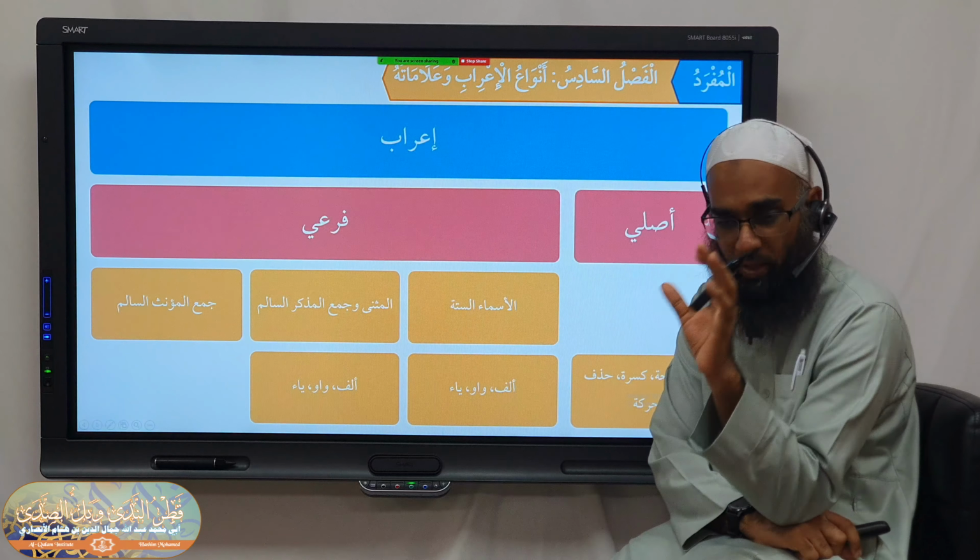For example, the word Arafat. Are we talking about many Arafah, or is that the name of one place? Arafat is a place where you go for Hajj. You have Makkah, then Mina, in Mina you have Muzdalifah, and then Arafat. So Arafat is the name of a place.